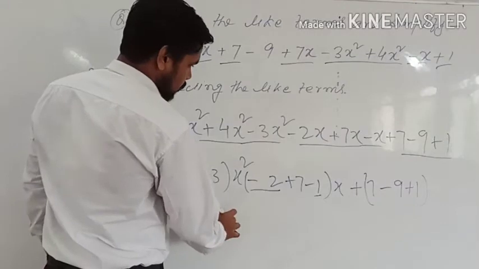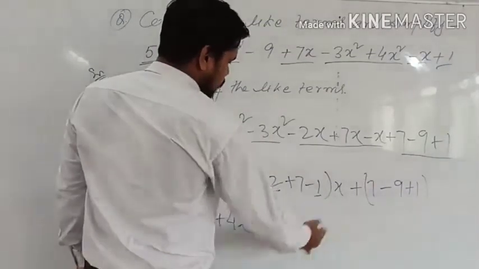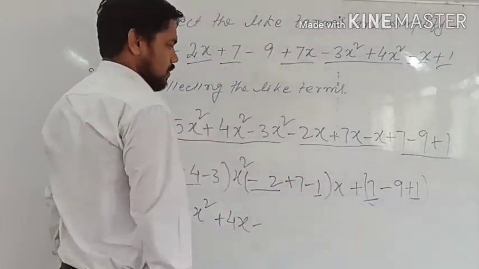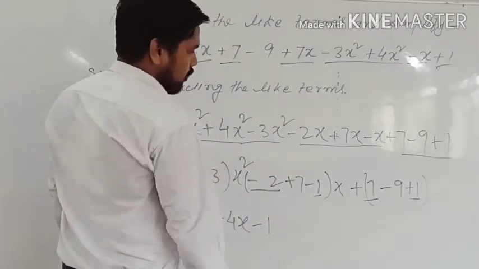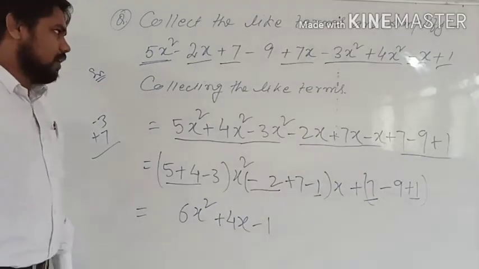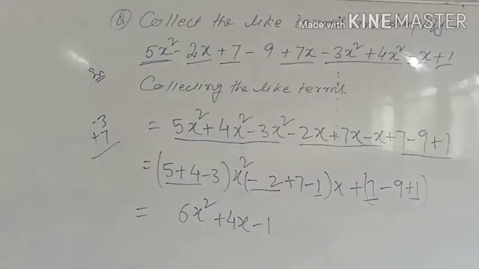Okay, so plus 4x, and this is plus 7 and plus 1. So 7 plus 1 is 8, 8 minus 9 is minus 1. So minus 1. So this will be the required sum after collecting into the like terms.